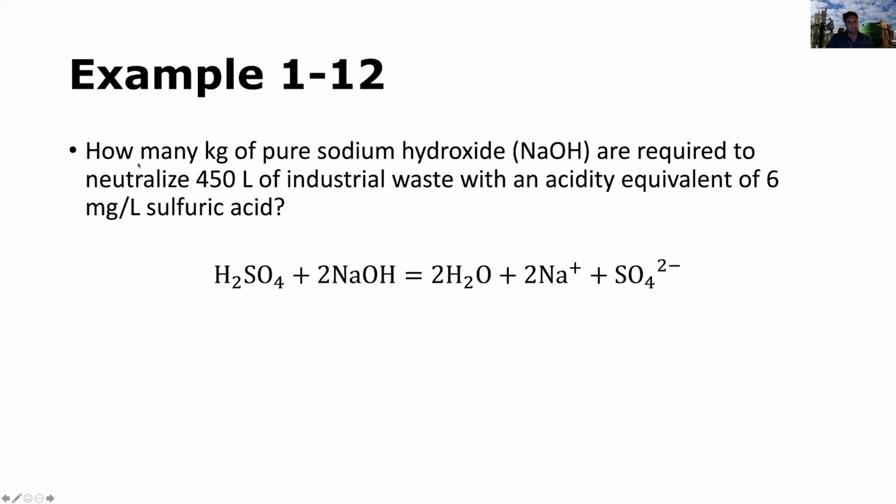In this example, we want to determine how many kilograms of pure sodium hydroxide are required to neutralize 450 liters of industrial waste that contains an acidity equivalent to 6 milligrams per liter of sulfuric acid.